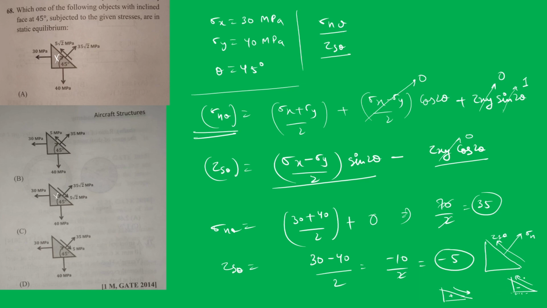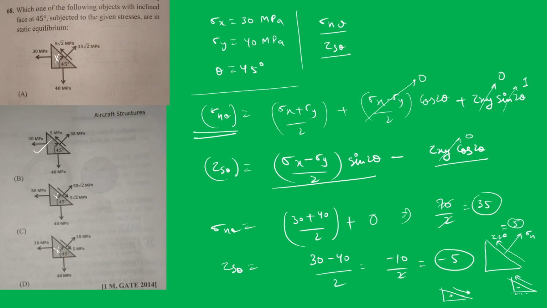So it would be in the upward direction and its value will be 5. This one is in the downward direction, so this will get cancelled out. So that is correct.